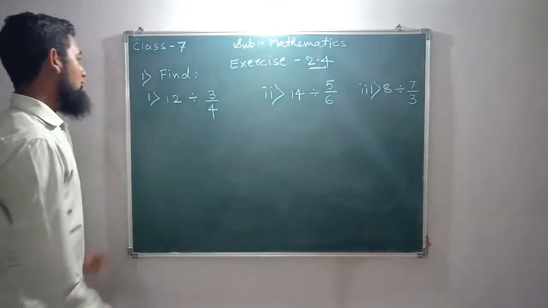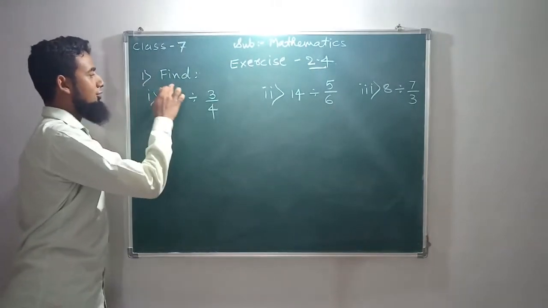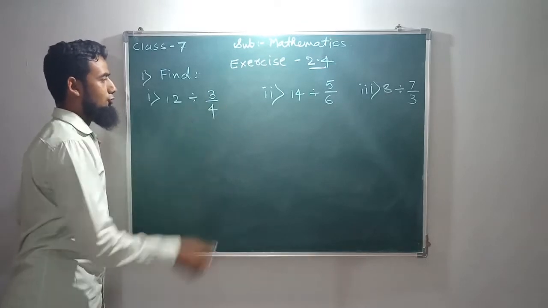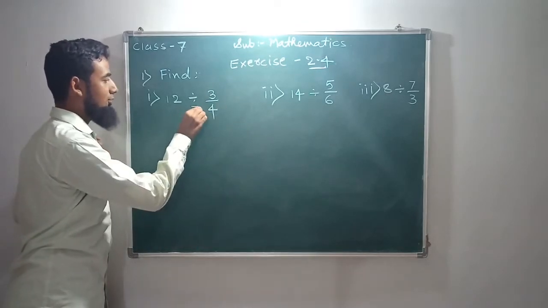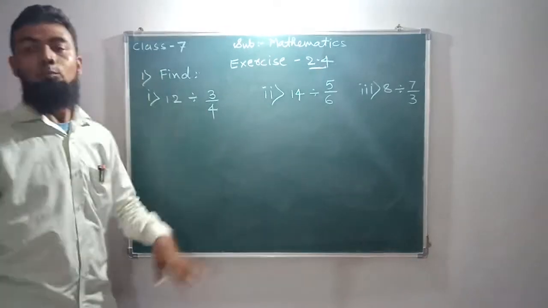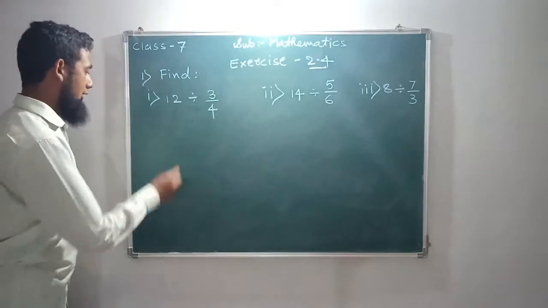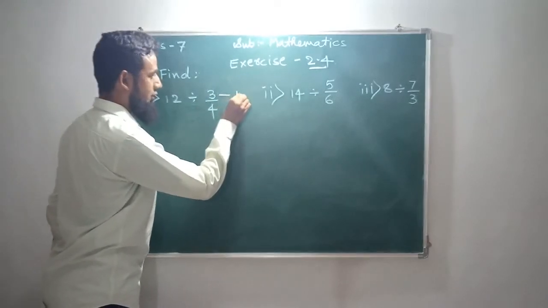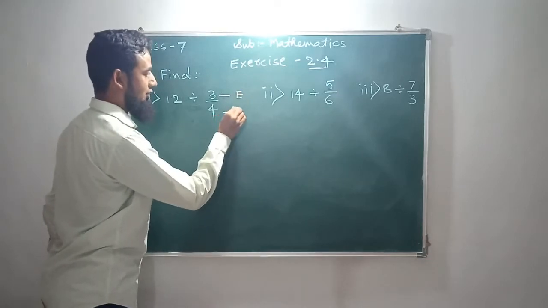So here, first question: find 12 divided by 3 upon 4. Here you can see this is the division symbol. First we have to convert this symbol into multiplication. My dear students, this is the numerator and this is the denominator, right?